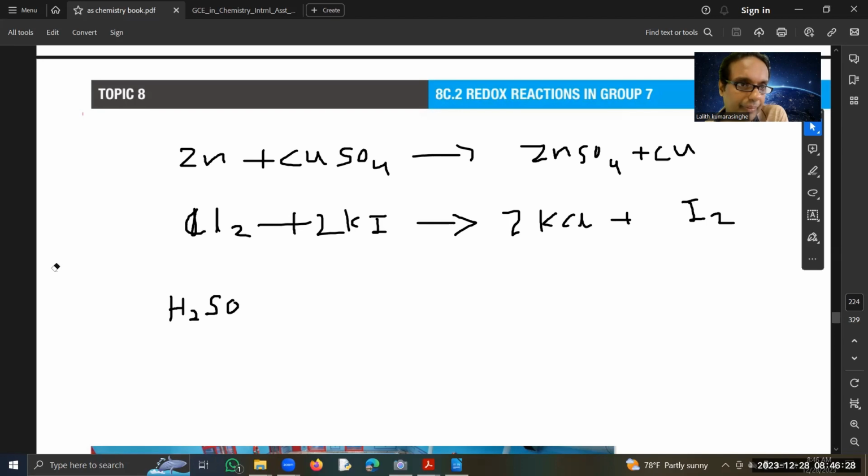Now I want to test for sulfate. What do I put? Very common test for sulfate.